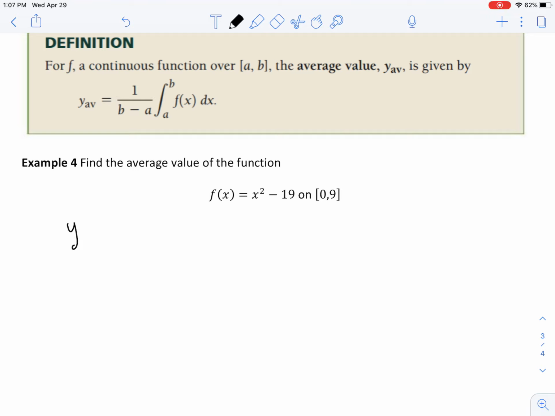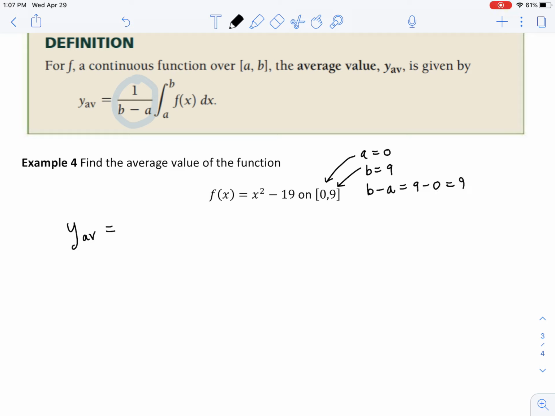Example 4, find the average value of the function. So what do we do? The average value, and then look at the notation. y sub AV, the average, is equal to 1 over b minus a. I want to do that part. This fraction is what I'm trying to come up with. a is 0. That's your lower bound.